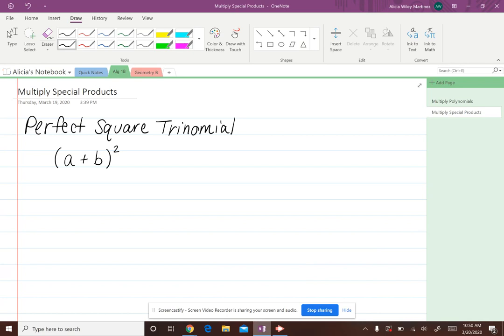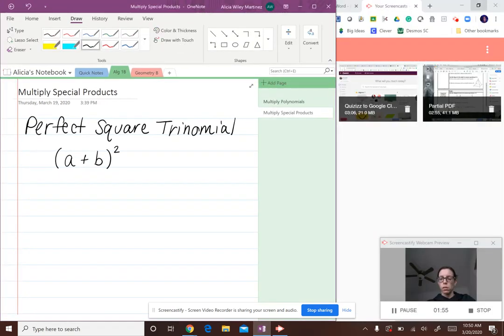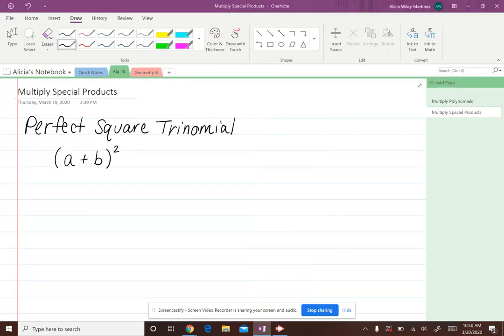When we do this here, we would have to make sure that we don't distribute. So on a problem like this, you cannot distribute the exponent. That's something that's really important to remember.